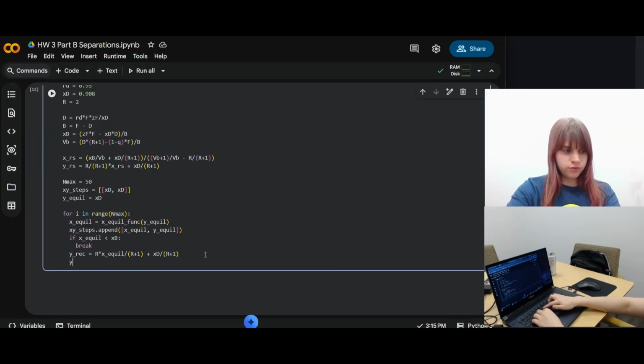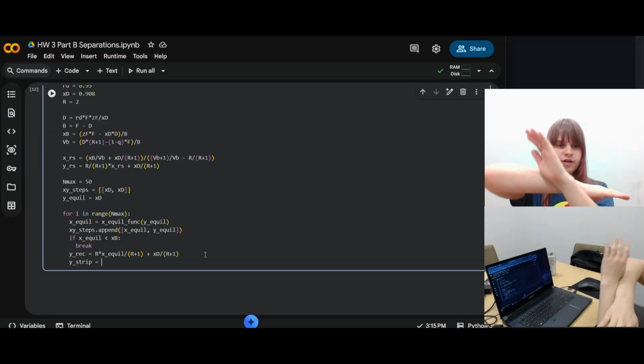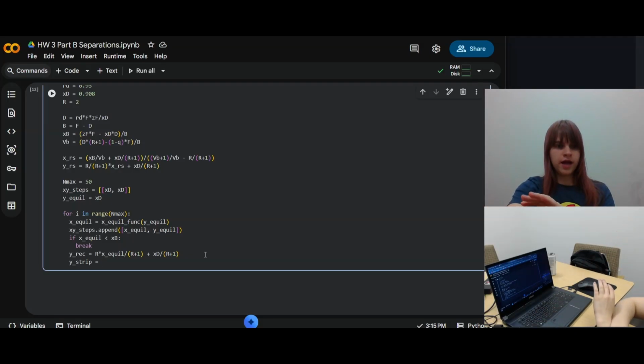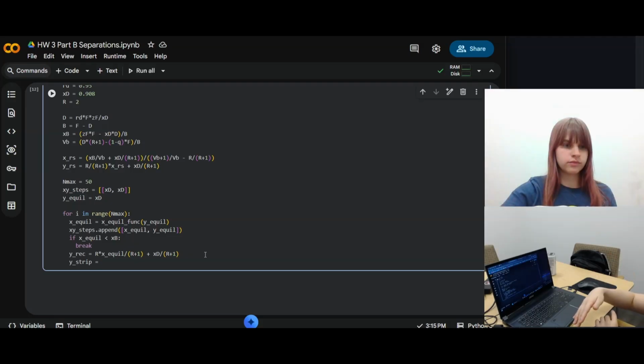And we need to do the same thing for the stripping line because, as you'll see later on, we'll kind of have a cross section like this, and we will need to have an intersection not only for the rectifying curve line, but also the stripping line.